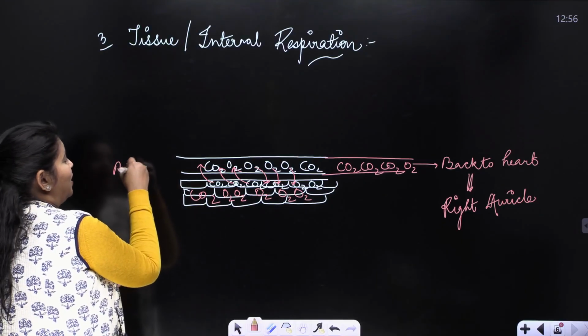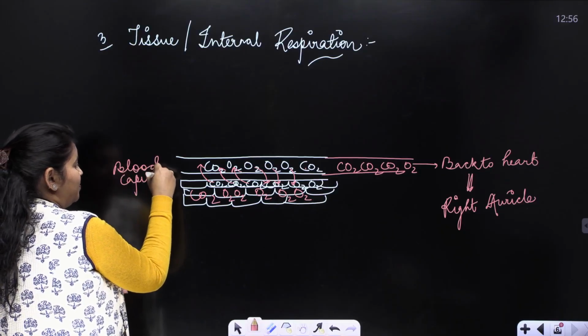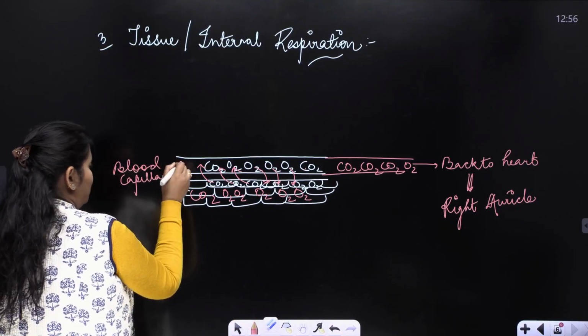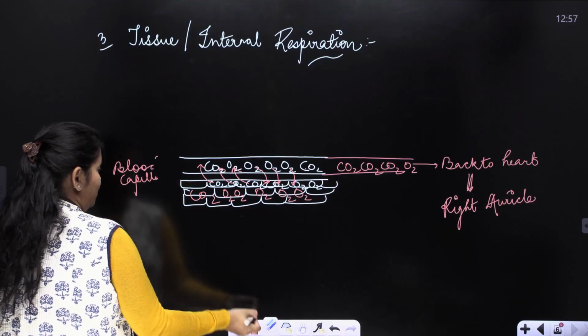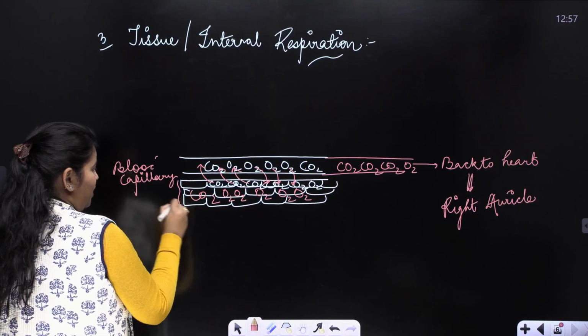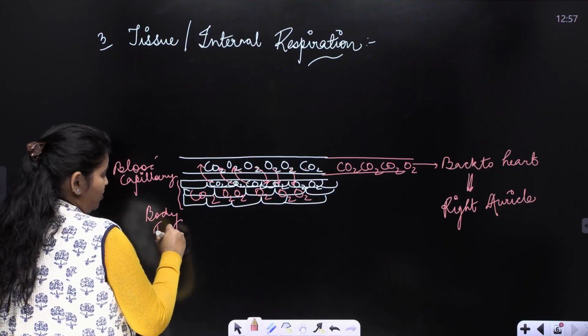This is the blood capillary, and this one is the body tissue.